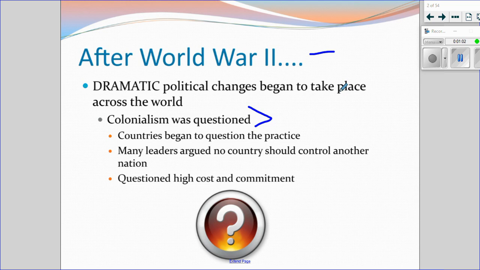So if the United States is encouraging and supporting the independence of countries that were colonies, those countries are going to be their allies in the Cold War struggle against communism. And conversely, the Soviets can sponsor independence movements in colonized countries and have more communist states in their struggle against the United States. So that's a big part of decolonization. Think of it in that Cold War context.